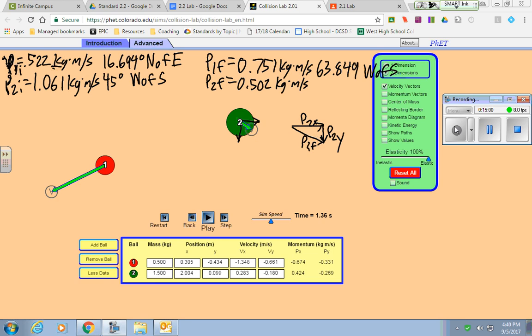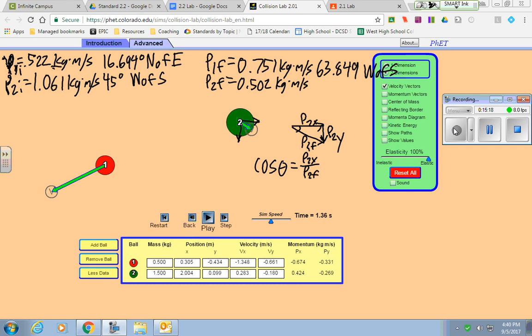Then we can find out the angle right there by doing cosine theta equals P2x over P2 final.